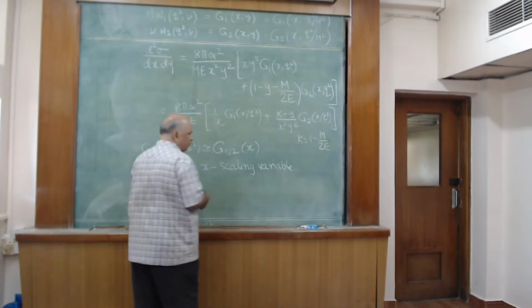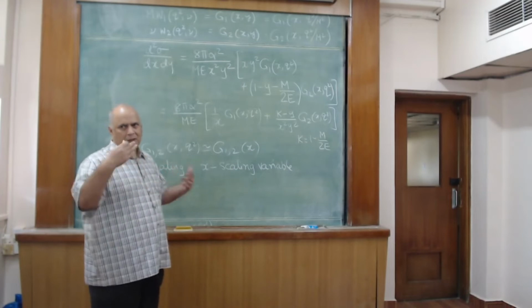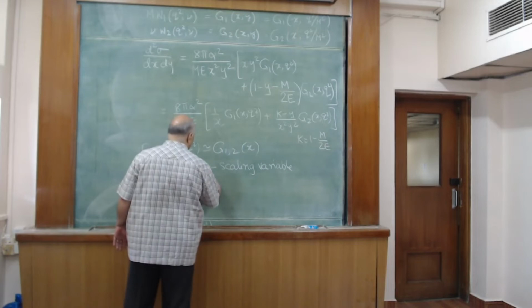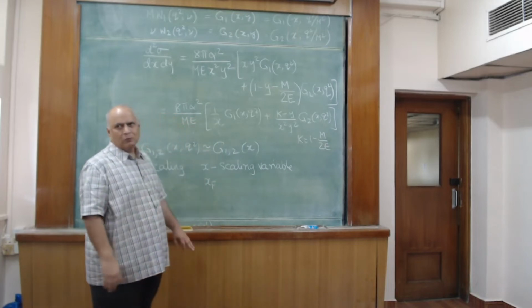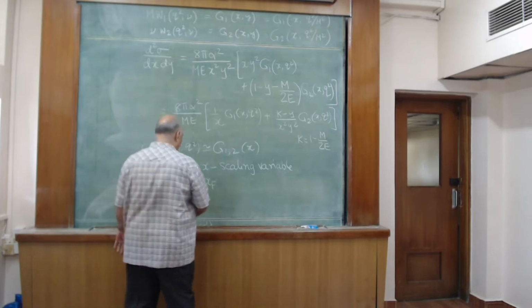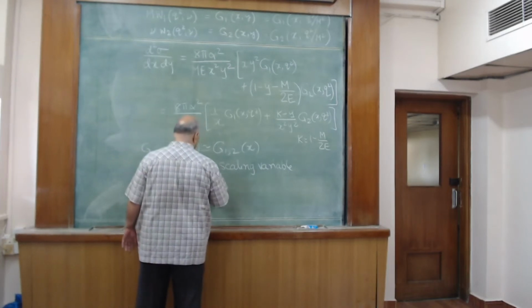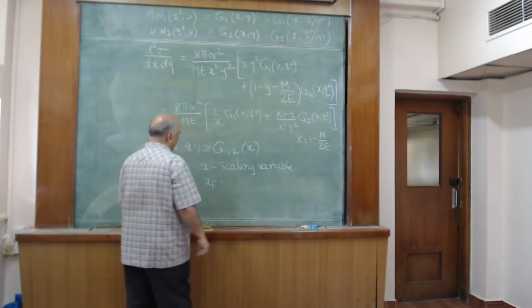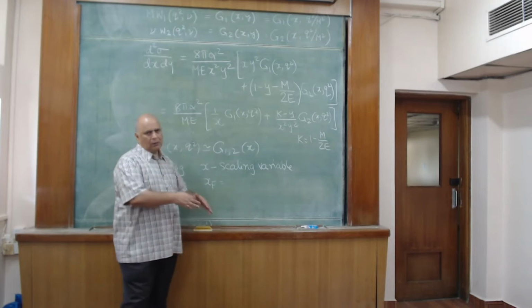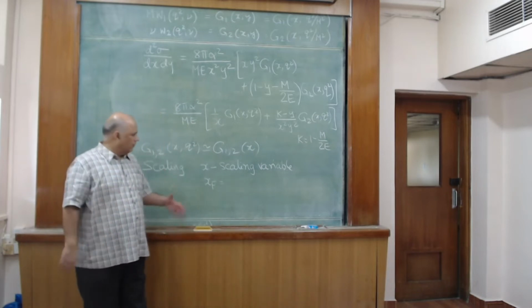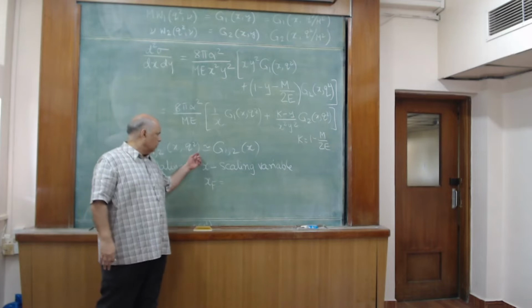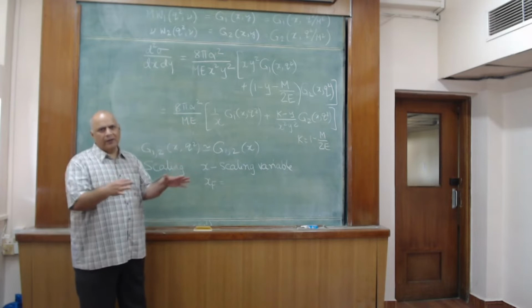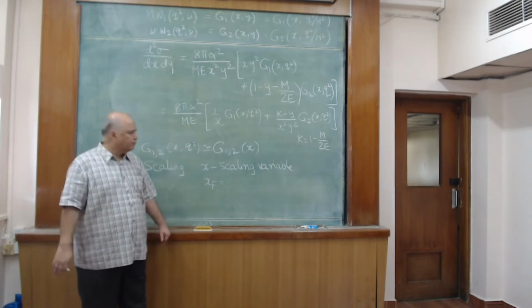Bjorken, in his development of current algebra, defined an x from a different point of view, which people call Bjorken x. The variable Bjorken defined turned out to be, if you identify it with this x, you find that everything matches.